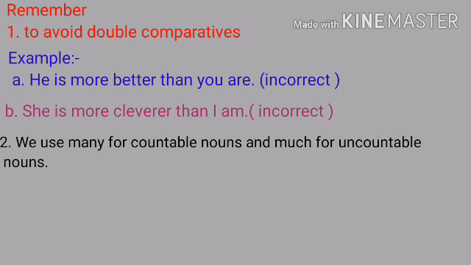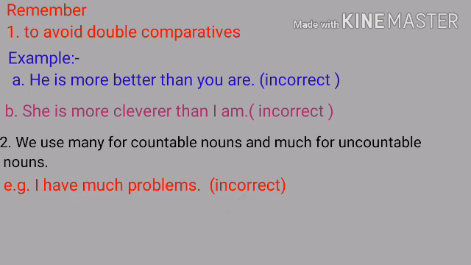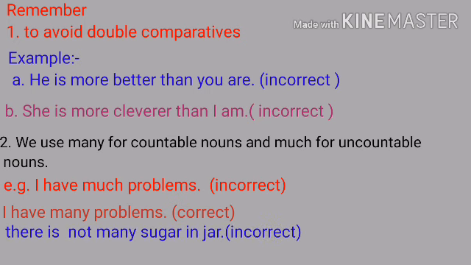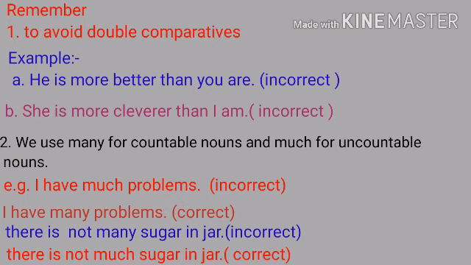Secondly, we use many for countable nouns and much for uncountable nouns. For examples, I have much problem. That is incorrect. We say I have many problems. There is not many sugar in the jar is incorrect. We say there is not much sugar in the jar.